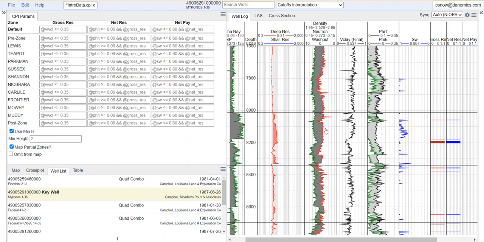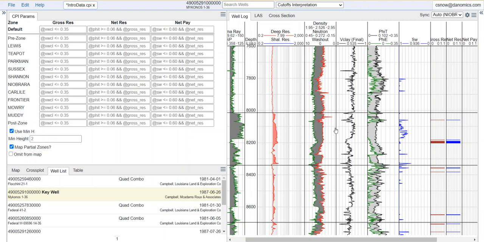So, if we were looking at this, now the question would be, what are the correct cutoff values? Although that seems like an easy question, a lot of times you'll hear people give blanket answers like, your V clay cutoff should be 35%, your porosity cutoff, if it's an organic shale, maybe it's 4%.